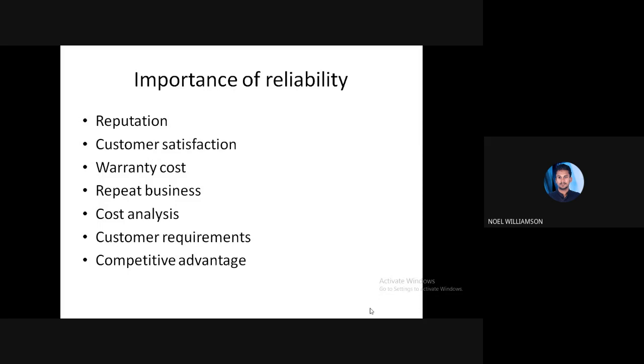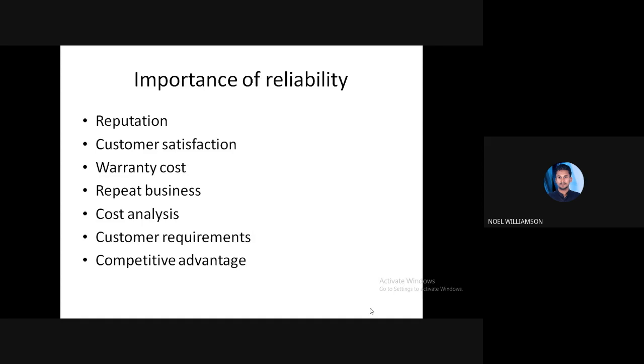So what is the warranty cost? Usually people go for the product which is offering more warranty, 1+1 warranty, 1+2 warranty, 3-year warranty, as we have all seen. So people always prefer a product with a good warranty.